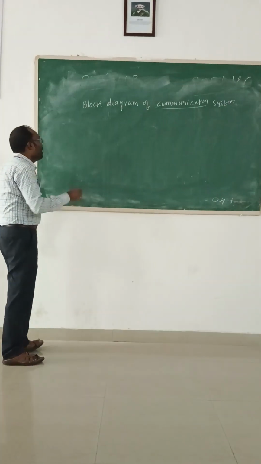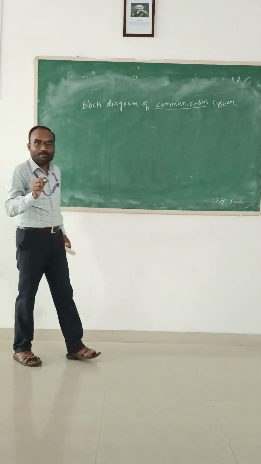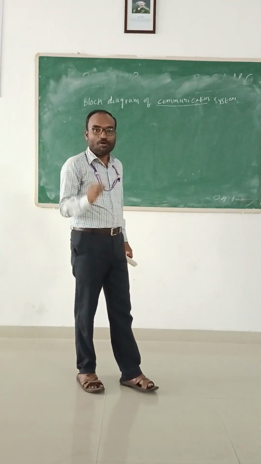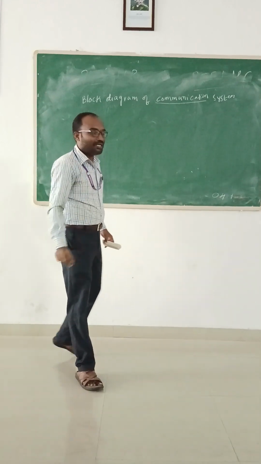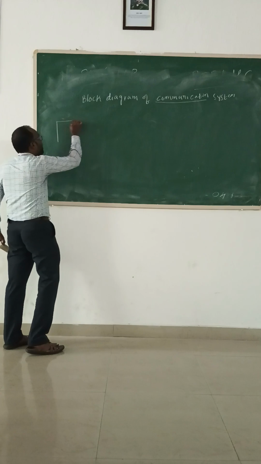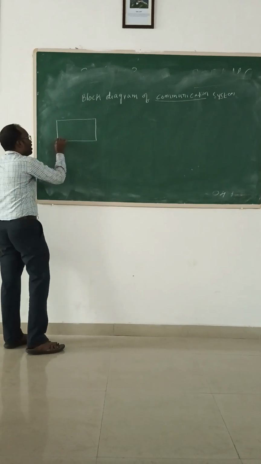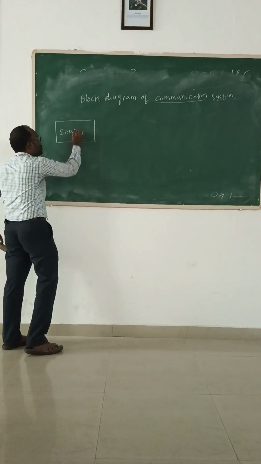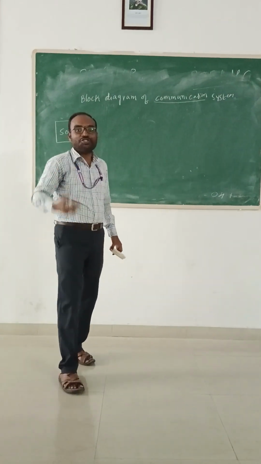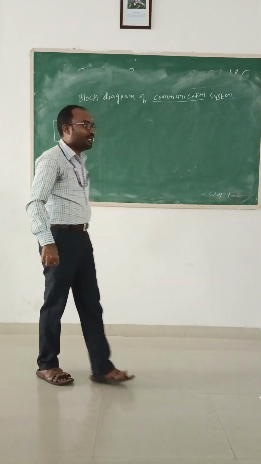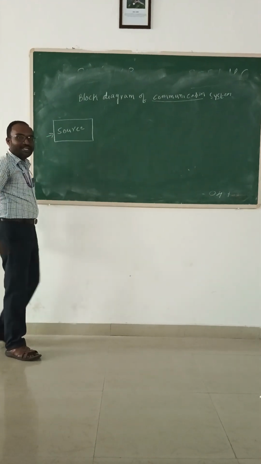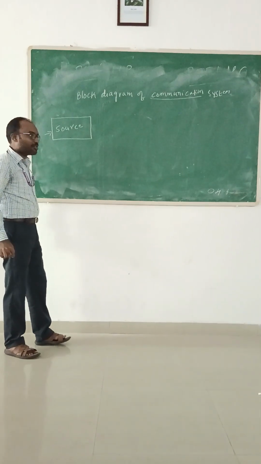Any transfer of meaningful information, we call it communication. In the basic block diagram, the first block is the source. The source is the place where the information is generated.